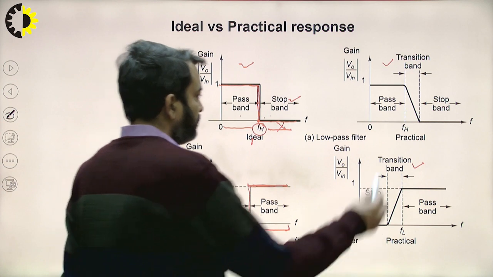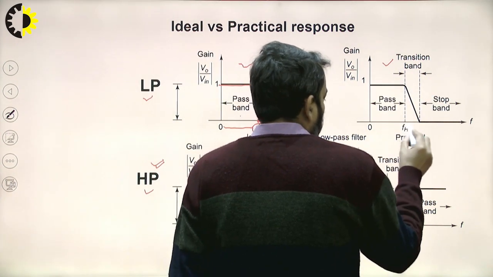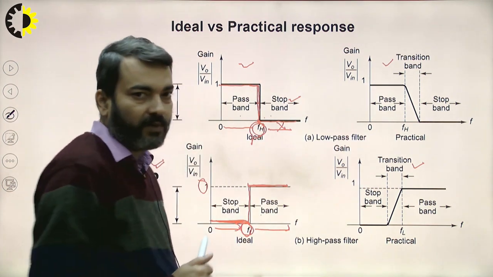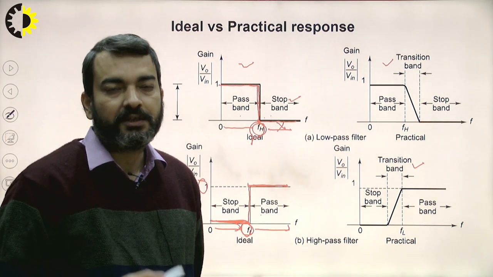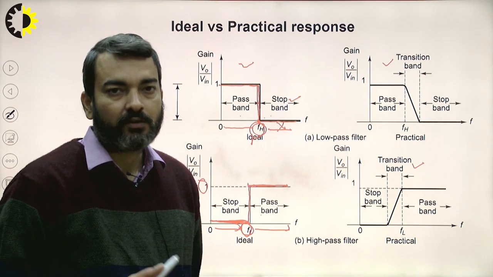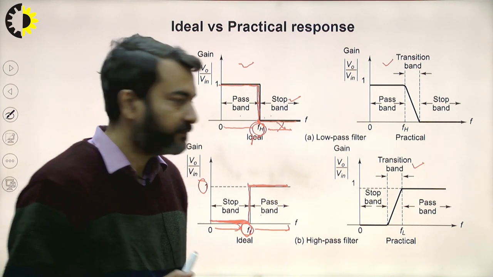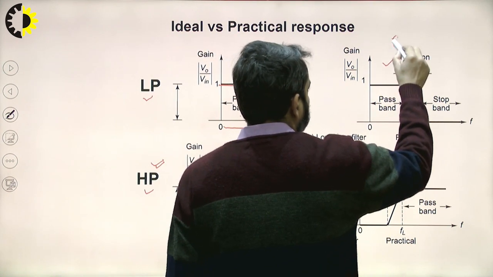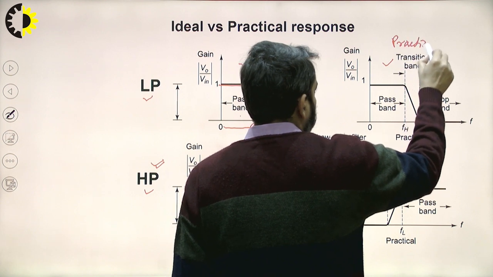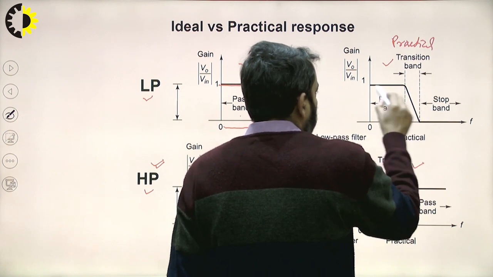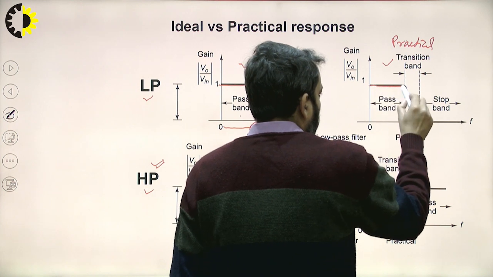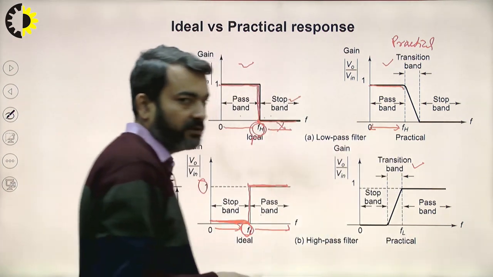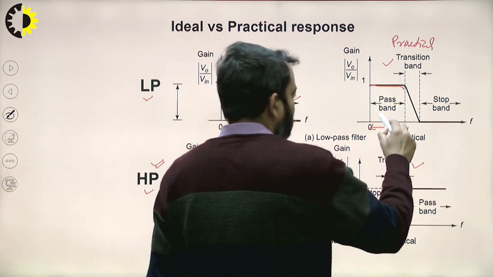So here again this frequency FH, in case of low pass and high pass filter, is called 3 dB frequency or corner frequency or cutoff frequency. So in practical response, this band ranging from 0 to FH, for low pass, is called pass band.